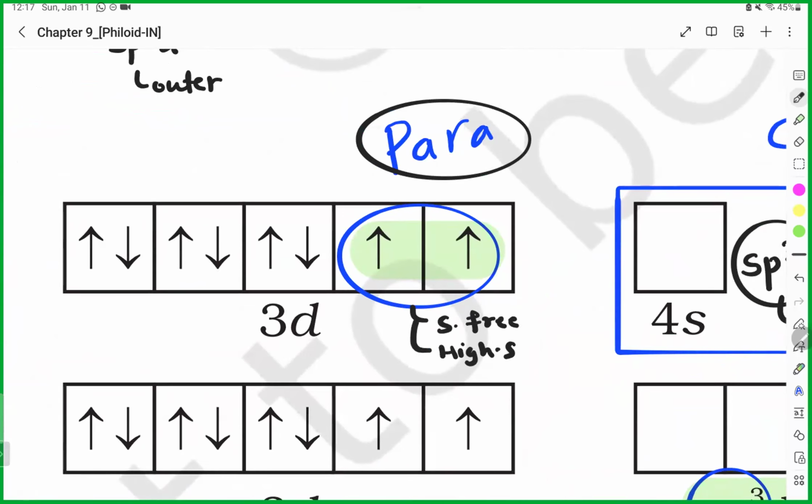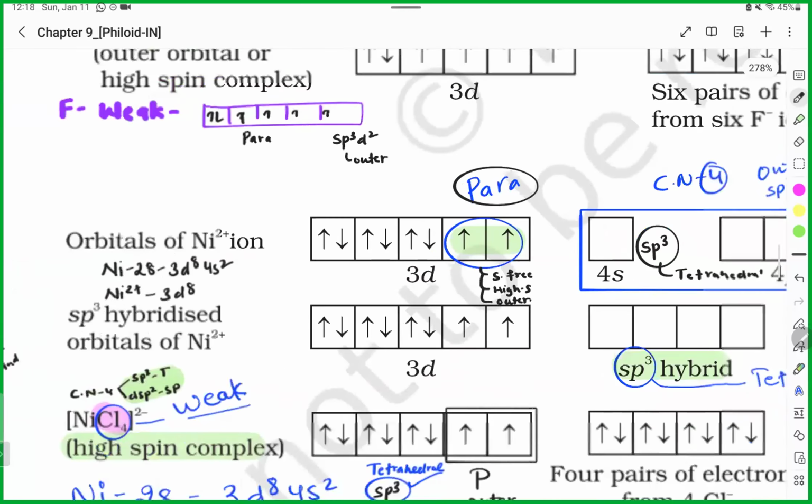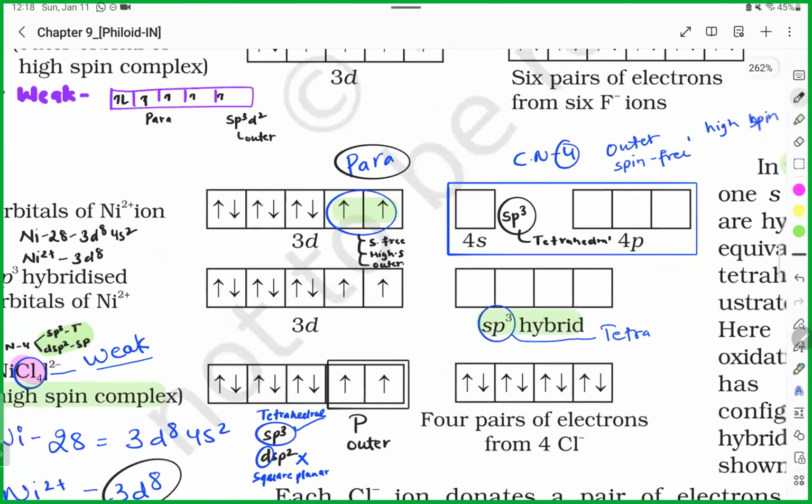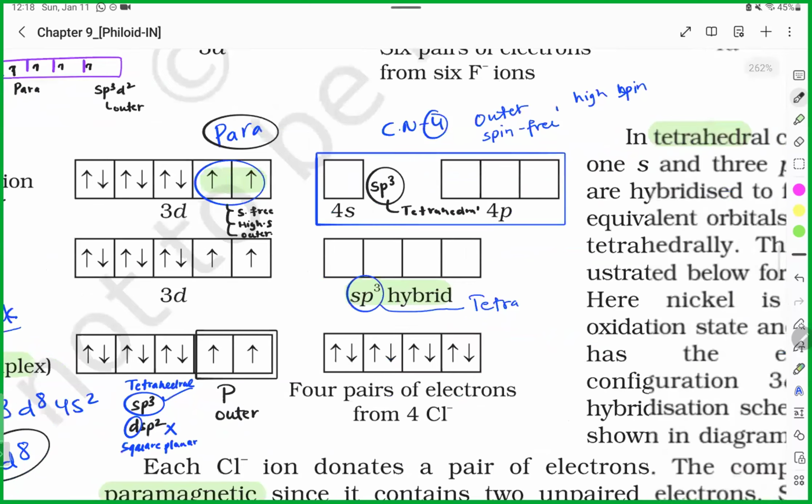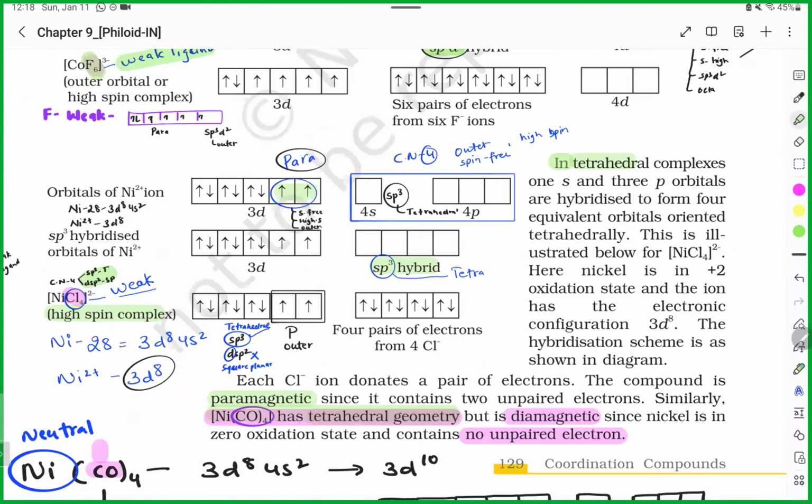And no inner orbitals are used, so this is an outer orbital complex. Tell me, anybody have doubt? Right? Anybody have doubt? No, sir. So tetrahedral compound because of sp3 hybridization.